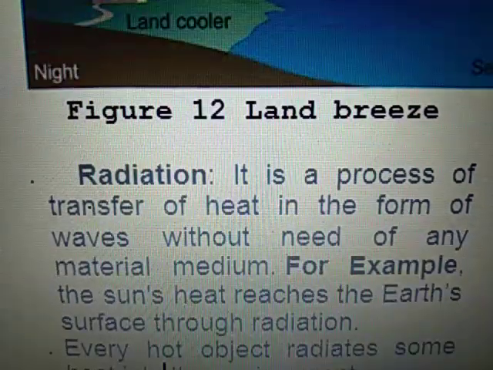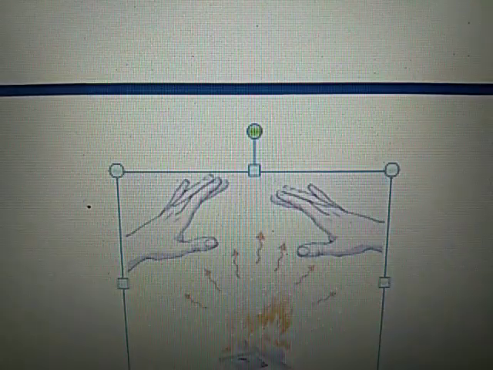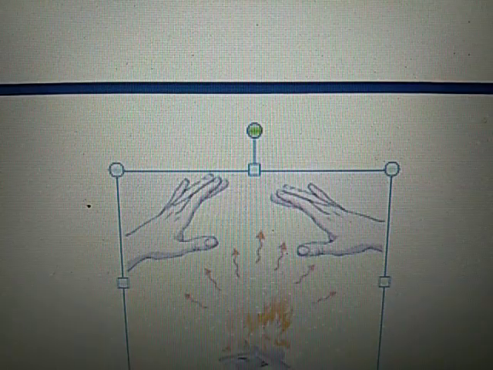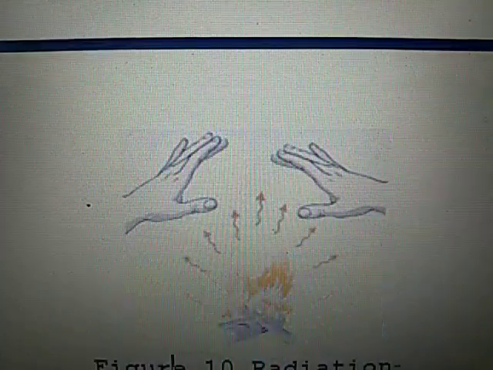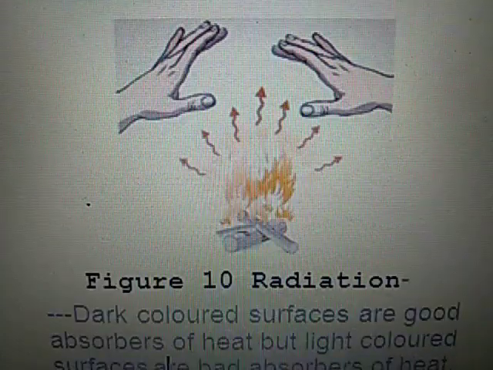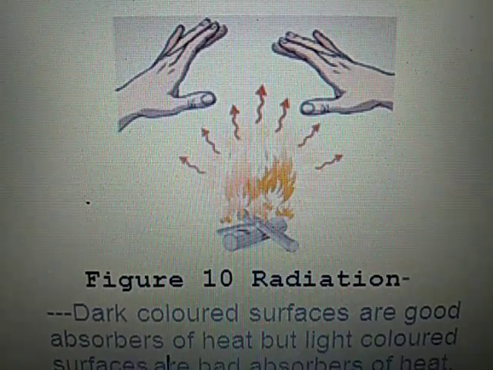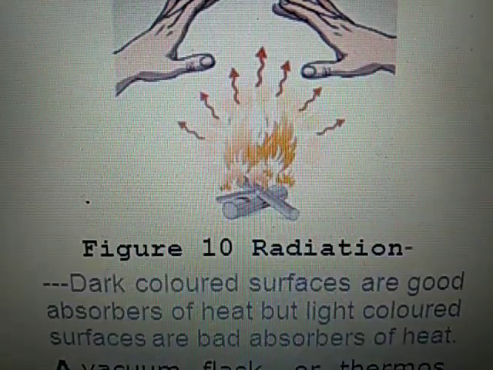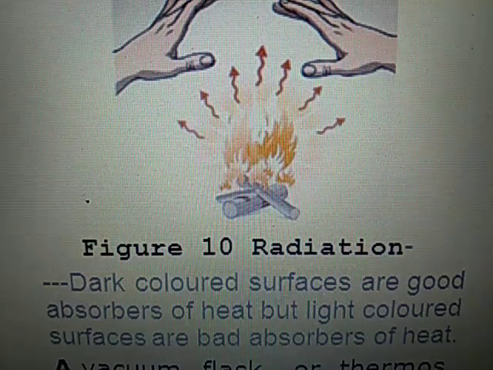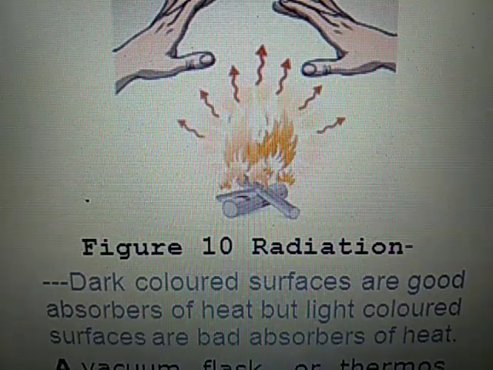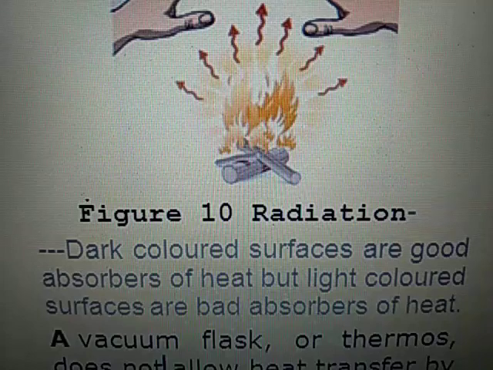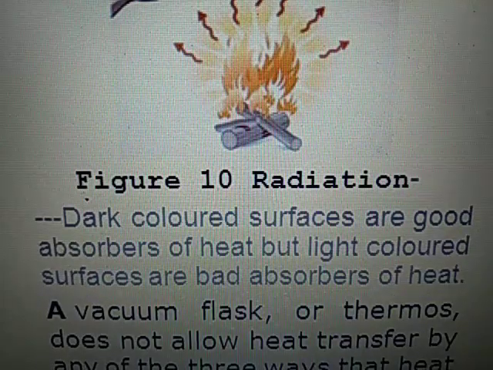As you see in the diagram, every hot object radiates some heat into the environment. Generally, dark colored surfaces are good absorbers of radiated heat, and light colored surfaces are bad absorbers of heat.